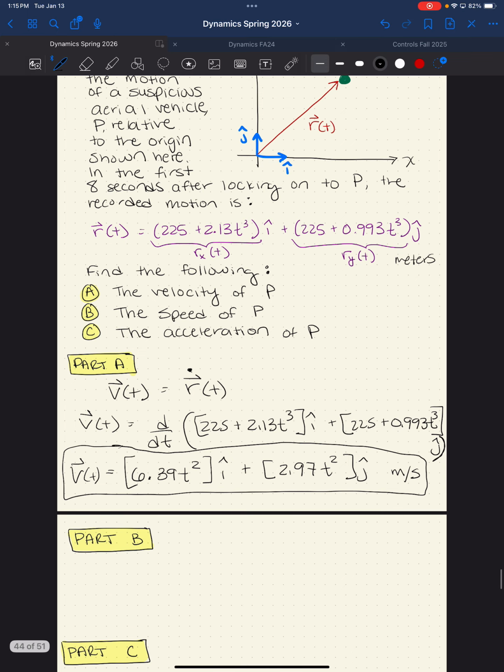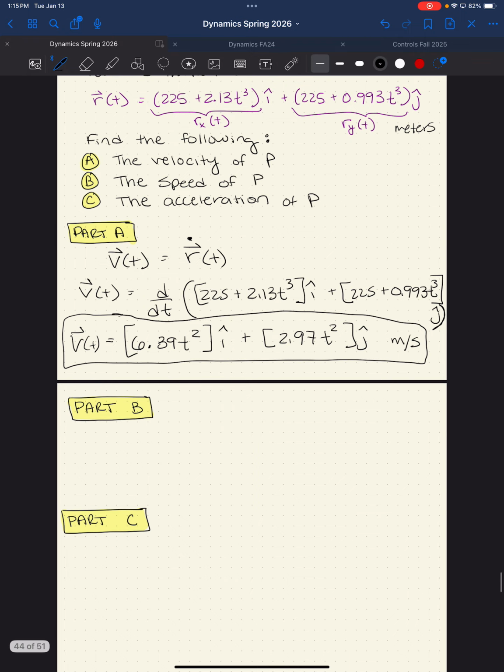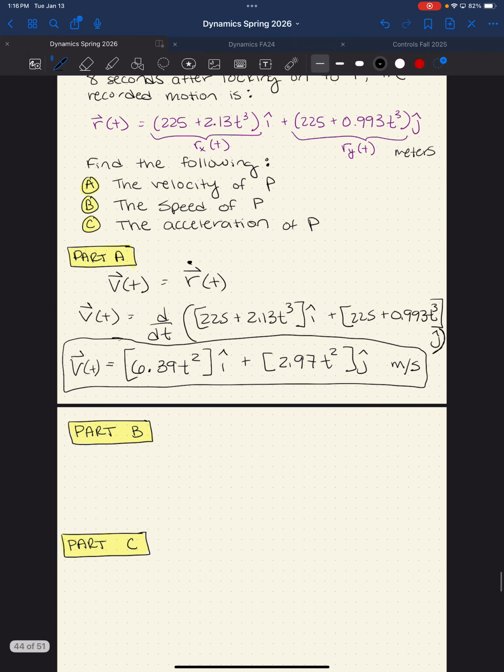All right, we have 2 more parts. Speed, what do I do here? I've got to find the magnitude. Very good, what's your name? Tyreek. Glad to have you, Tyreek. Speed is equal to the magnitude of velocity, which is the square root of each component squared. So each component, I need to grab the i component first: 6.39 t squared, plus 2.97 t squared.